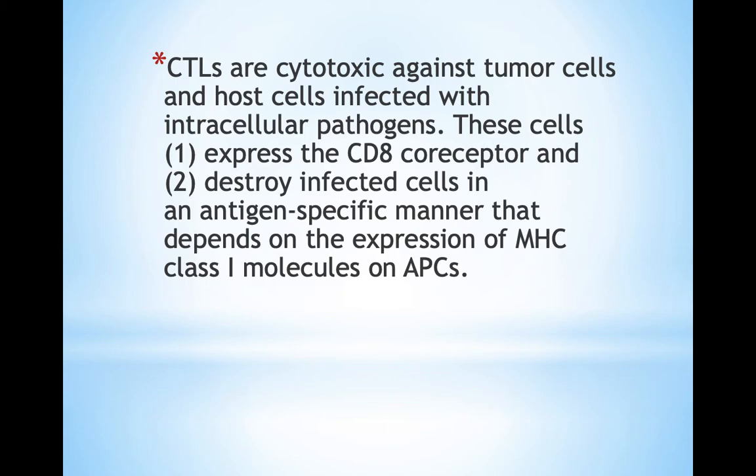And like our T helper cells, they're fully activated by a set of accessory, co-stimulatory molecules or proteins. So CTLs are able to kill target cells directly by inducing apoptosis. A bit about their biology: they express the CD8 co-receptor. So our cytotoxic T cell is CD8.